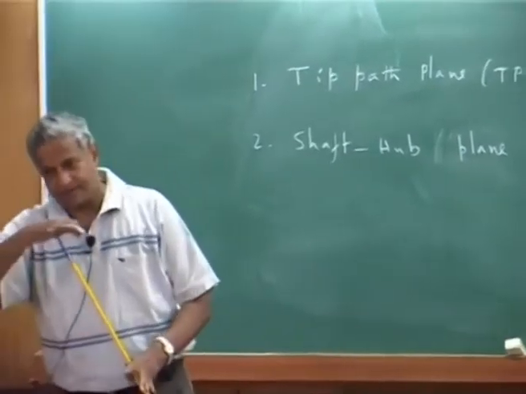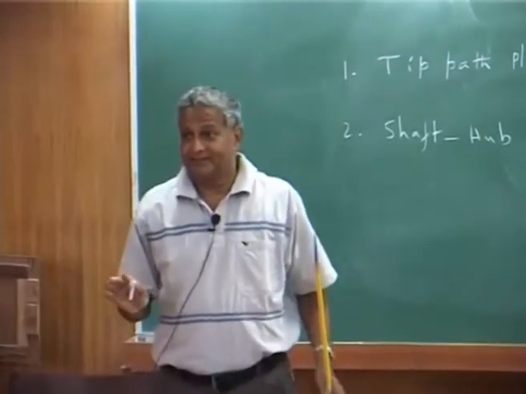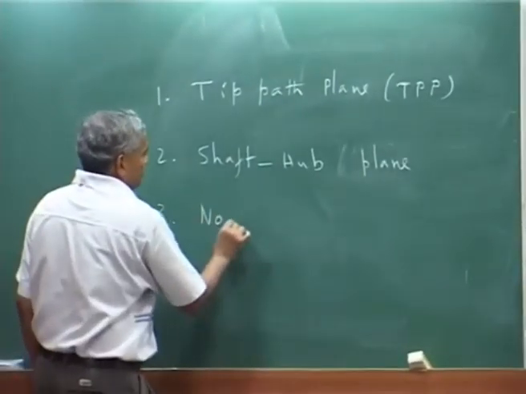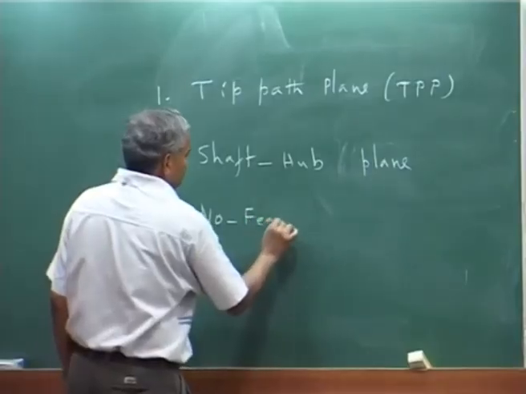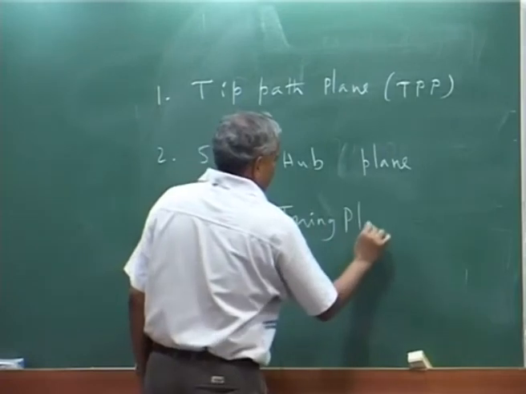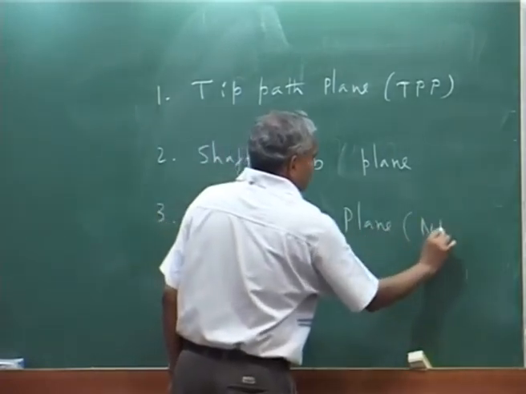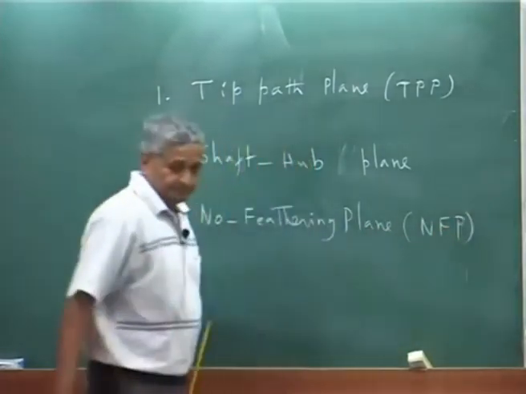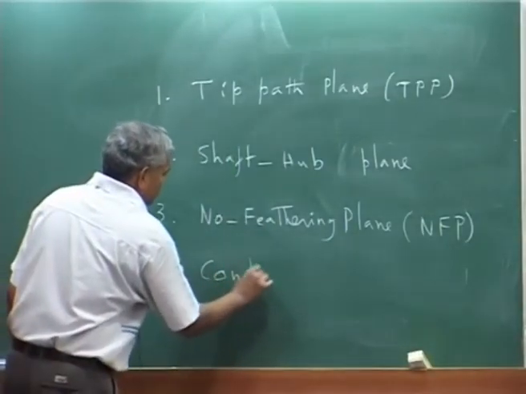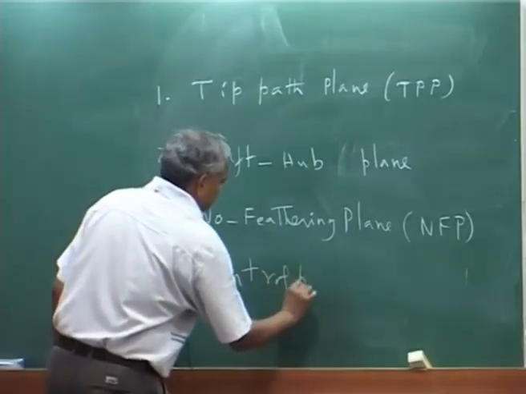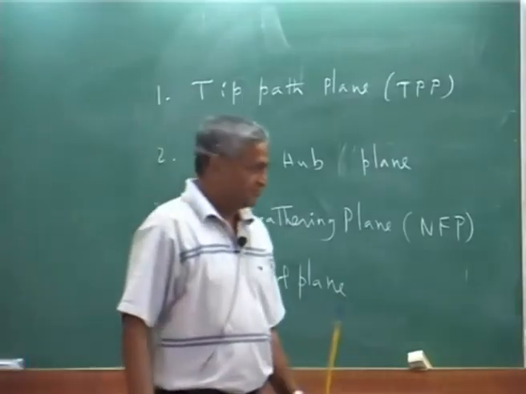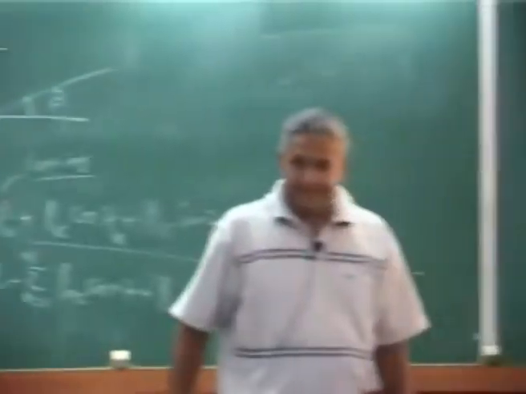So if the helicopter tilts, the shaft also tilts. Then you also define the no feathering plane. This is NFP. Then you can have one more plane which is the control plane, okay. Now what is the control?